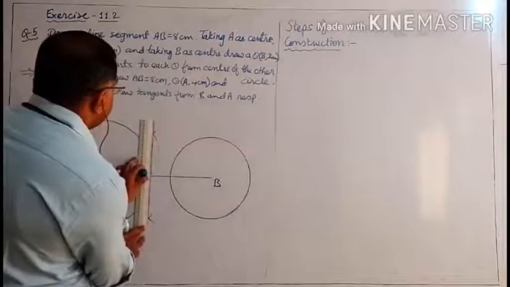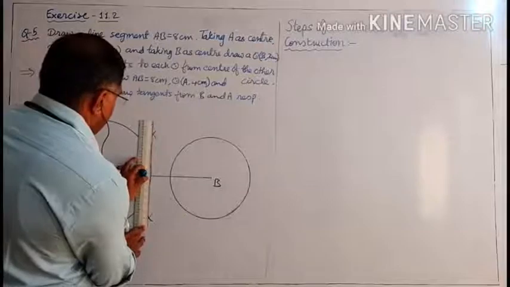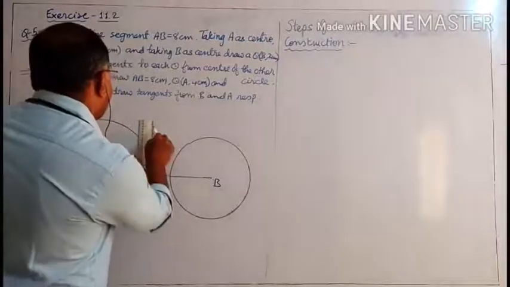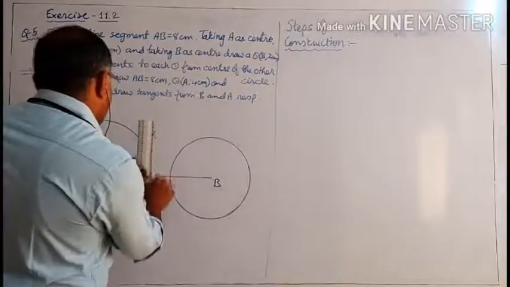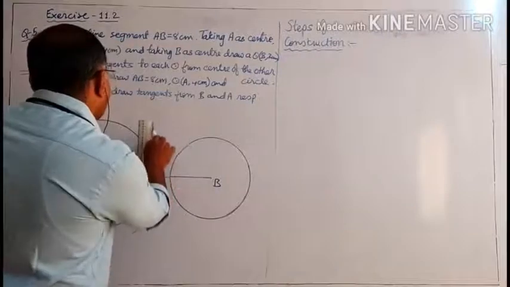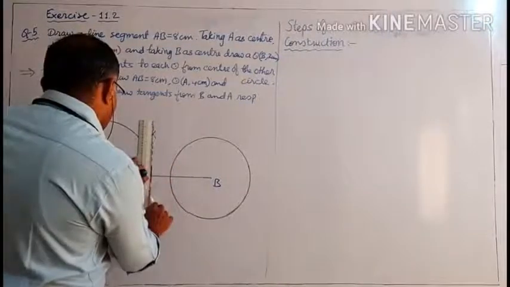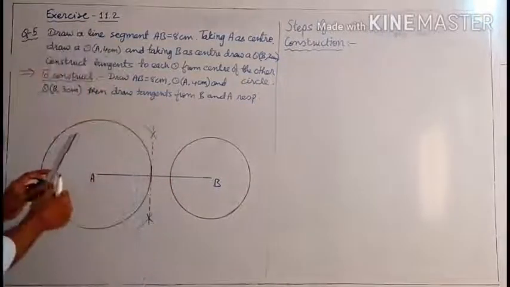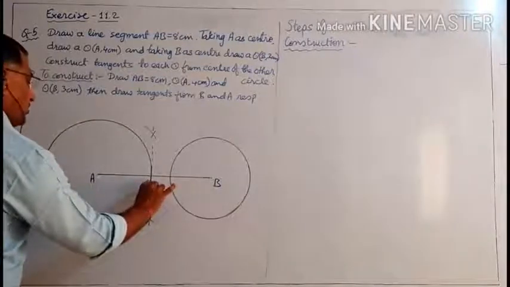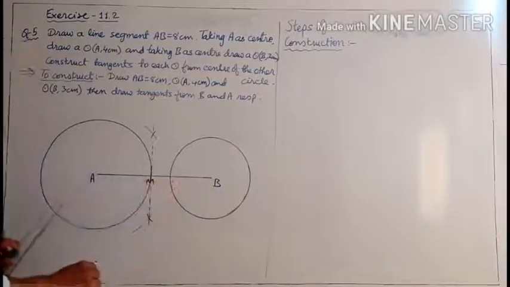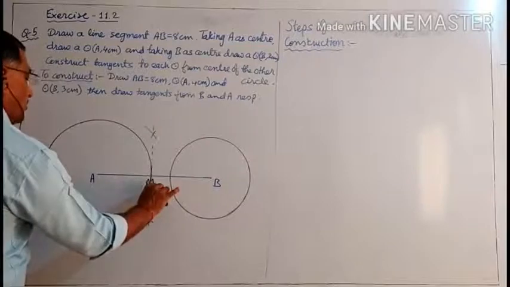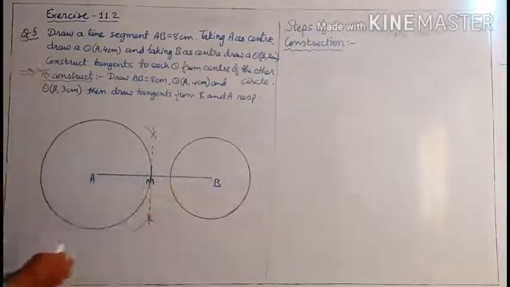So you can see, here let this point be M. Now here 4 centimeter, here also 4 centimeter.